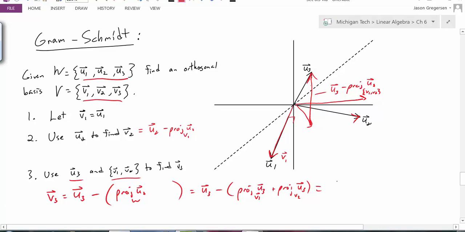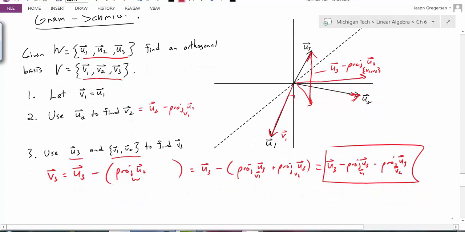If I distribute my negative sign, I have u3 minus the projection of u3 onto v1 minus the projection of u3 onto v2. All vectors here. This is my formula for v3. Now we have our last vector, v3, and we can form our orthogonal basis.